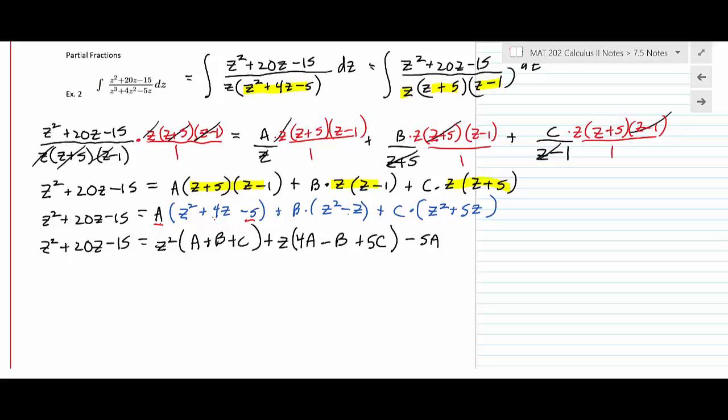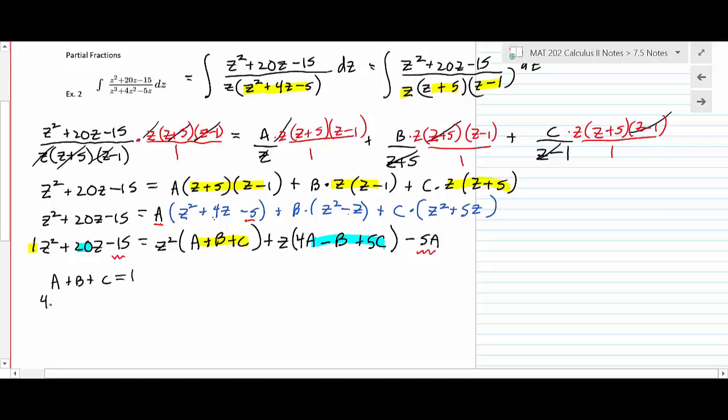Okay, so what we want to do from here then is put your system together. So this thing has to be equal to 1. We know that. And then this thing right here has to be equal to 20. And then that leaves us with this thing has to be equal to that. So our system of equations goes like this. We would have a plus b plus c equals 1.